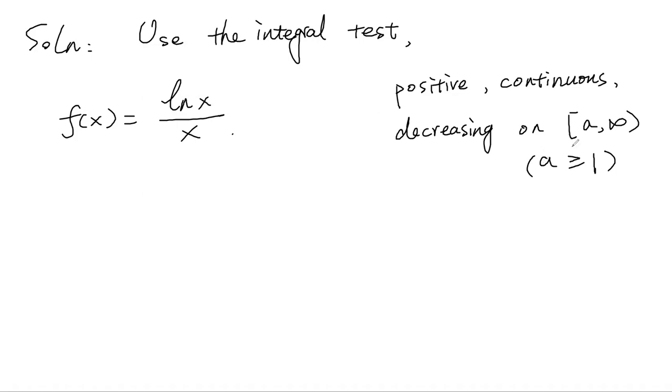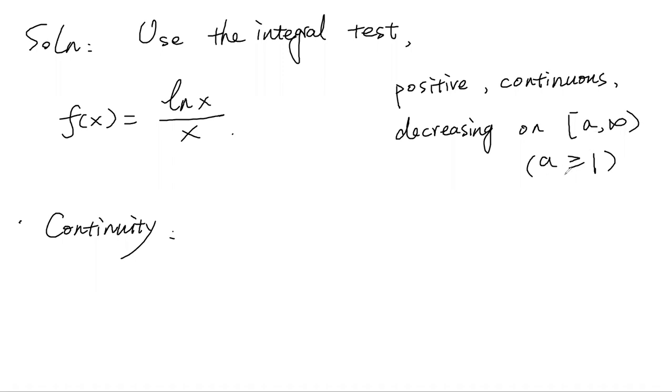Yeah, a is greater than or equal to 1. So let's first see the continuity of this function. This is easy to check because natural log of x is continuous on every interval like this, a to infinity, because the only point where natural log of x is not continuous is x equal to 0.